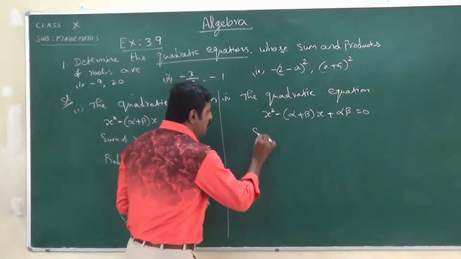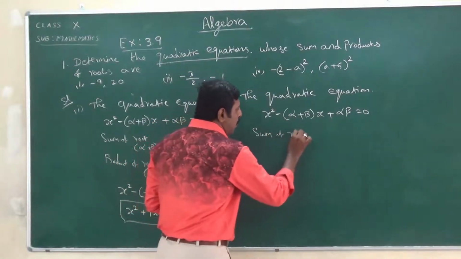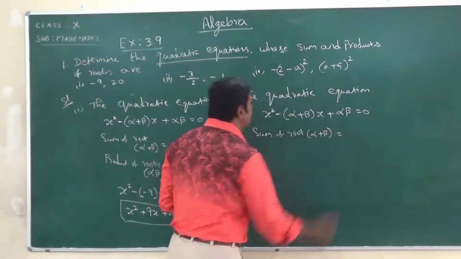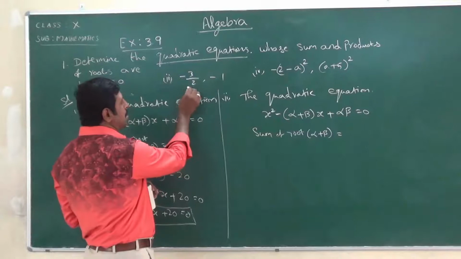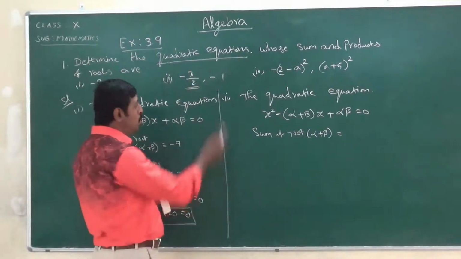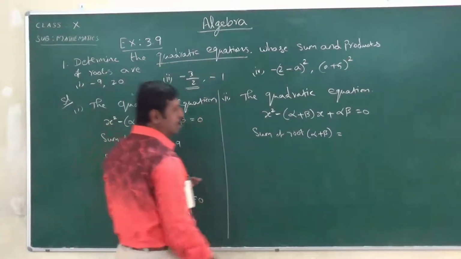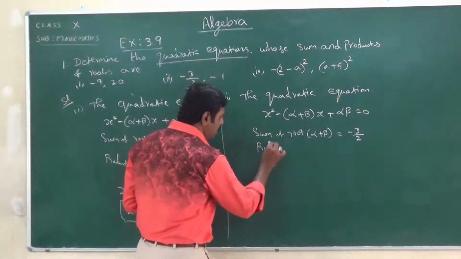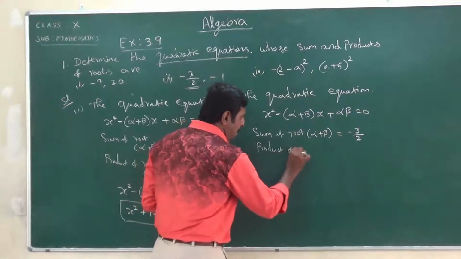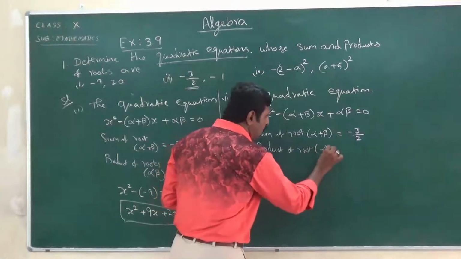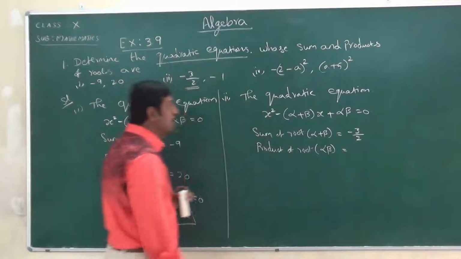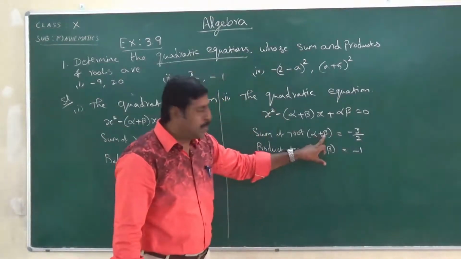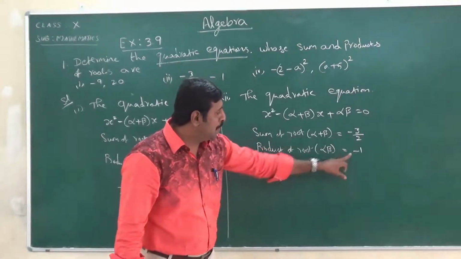Now the sum of the roots, alpha plus beta, is given as minus 3 by 2, and the product of the roots, alpha beta, is given as minus 1.